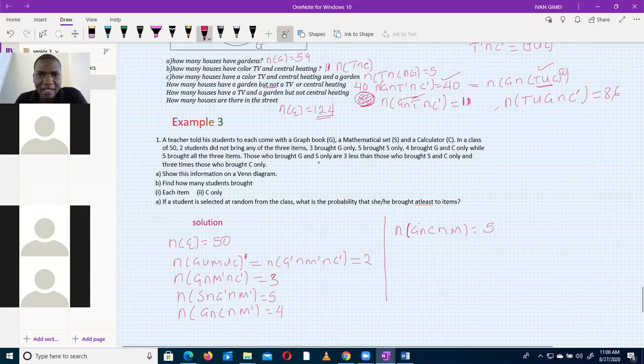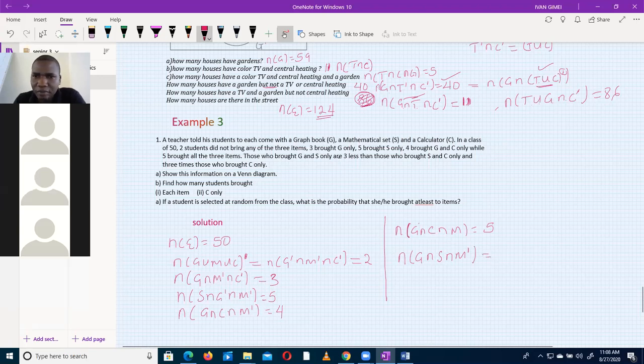Those who brought G and S only are 3 less than those who brought S and C only. How do you write that? What's the relationship between the 2, if this is 3 less than the other one?